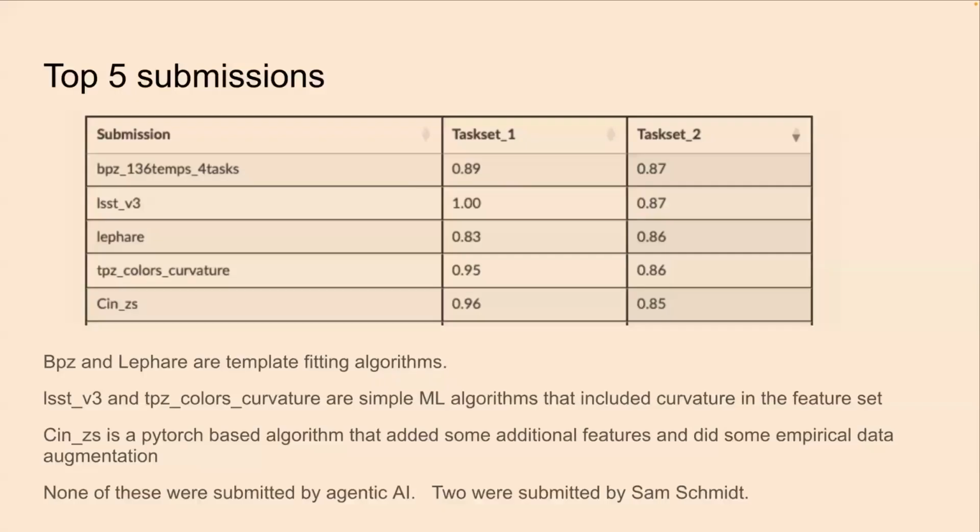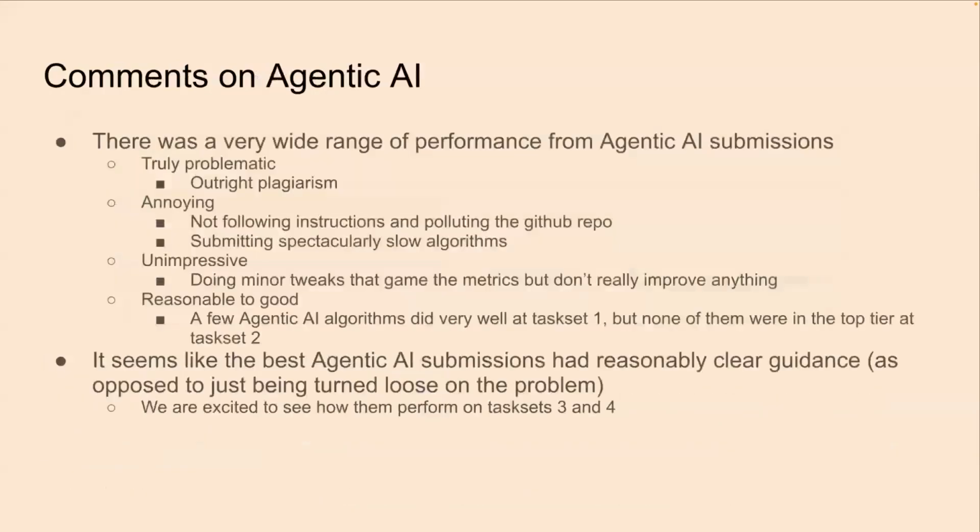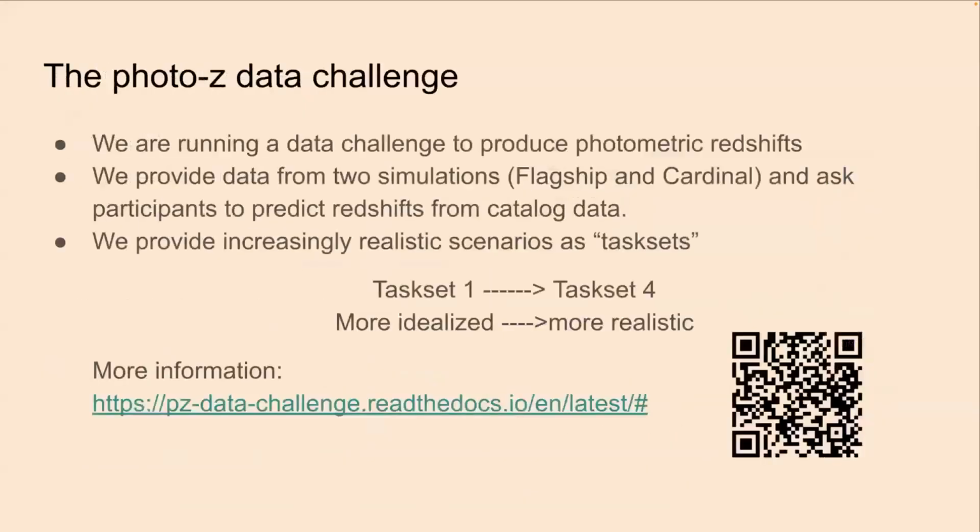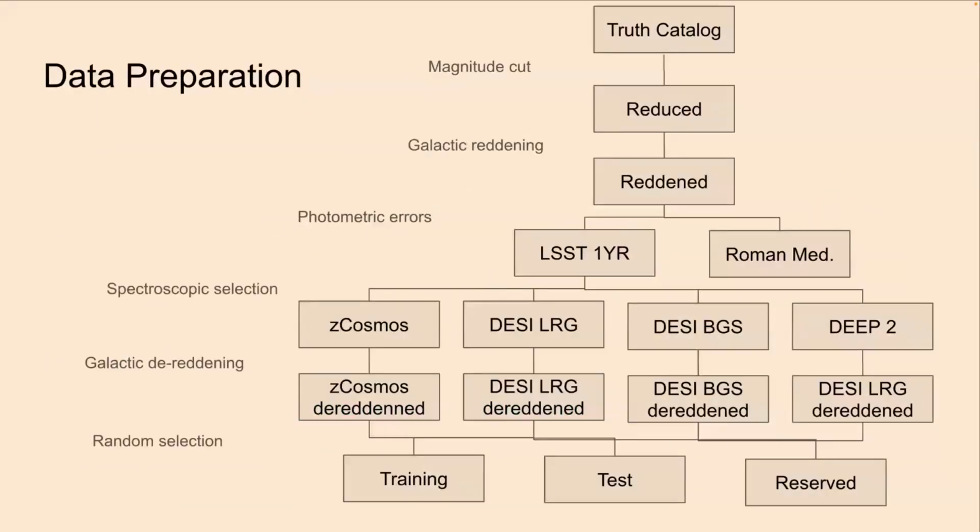Yeah, so it is a problem for template fitting because the template is used to simulate the data. For machine learning, we make sure that the training set is a mock of the spectroscopically selected training set in the real world. I think there was a slide here that articulates how we generate the training set by adding photometric noise and spectroscopic selection. And the algorithm can only use those.